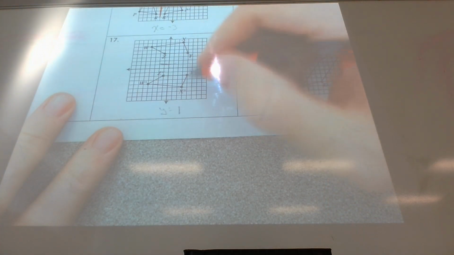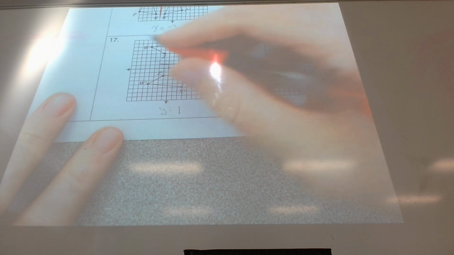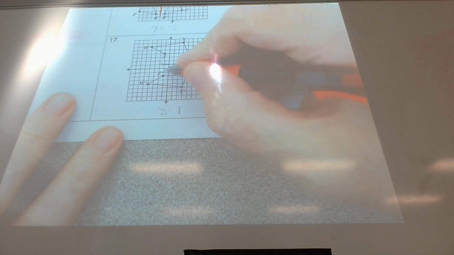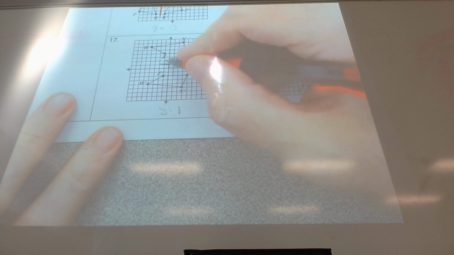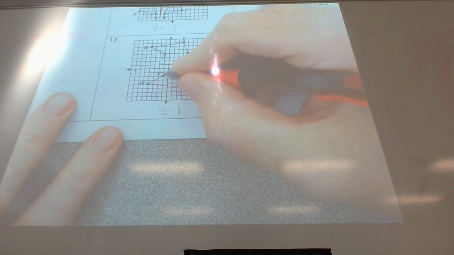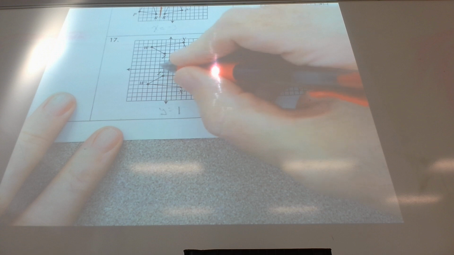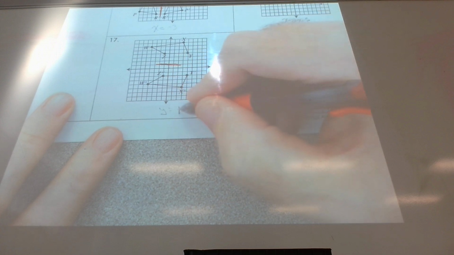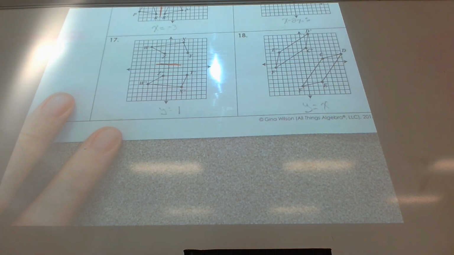Again, we can tell that it's reflecting vertically. This Z prime is 1, 2 away from the x-axis. This is 1, 2, 3, 4 away, so it's not the x-axis. So we're looking for a midpoint. 1, 2, 3, 1, 2, 3. They're both 3 spots away from this line, and that is at y equals 1. So y equals 1 is our line of reflection.